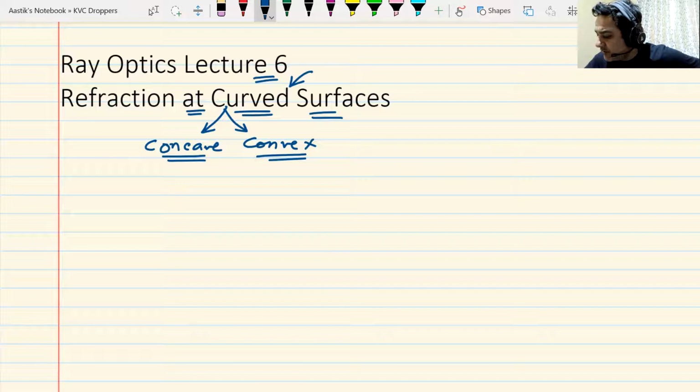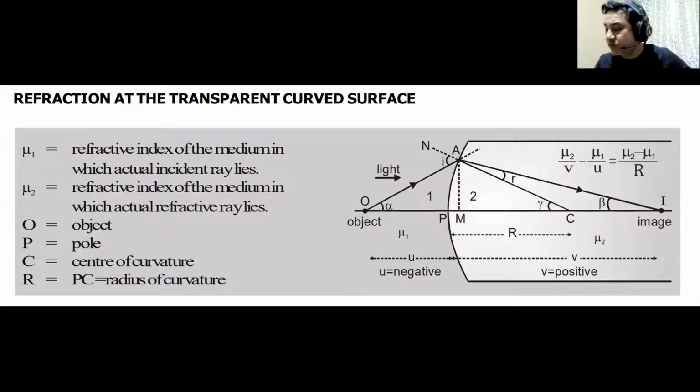This diagram is given in your sheet on page number 20. You can refer to that sheet and open page number 20, and you will see this sheet, refraction at transparent curved surface.